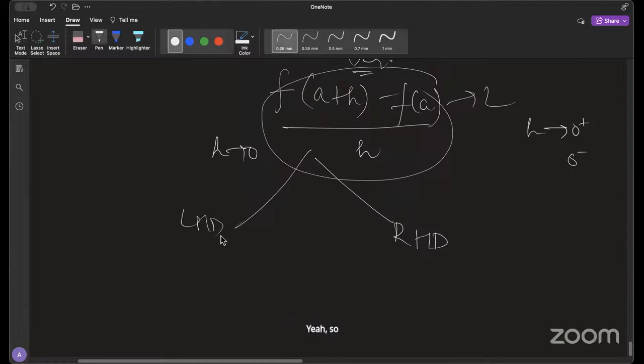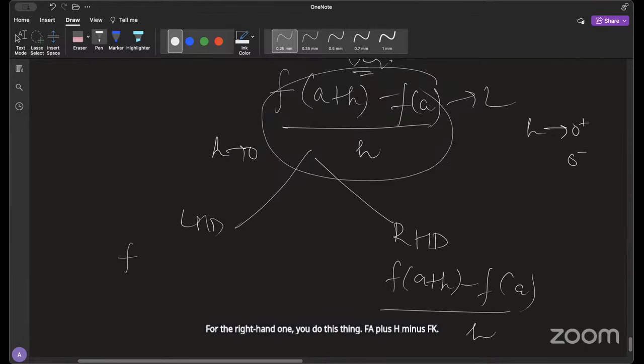For the right-hand one, you do this thing: f(a plus h) minus f(a), by h, as h tends to 0 from the positive side. And for this one, you do f(a plus h).